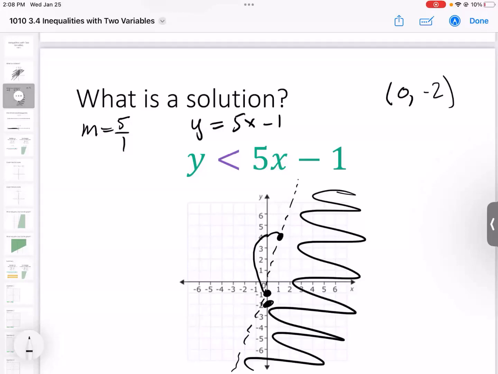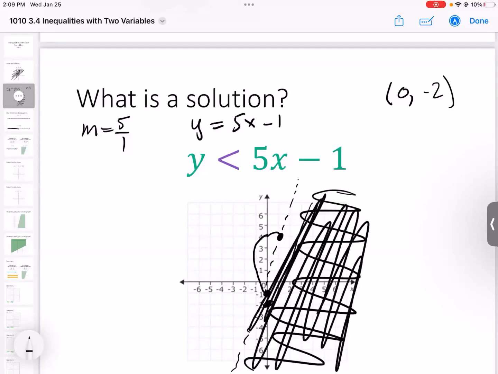Well, 2 is less than 30 minus 1, so that would be a solution. Basically any point on this side of the line is going to be a solution. So this graph represents all of my solutions to this inequality.